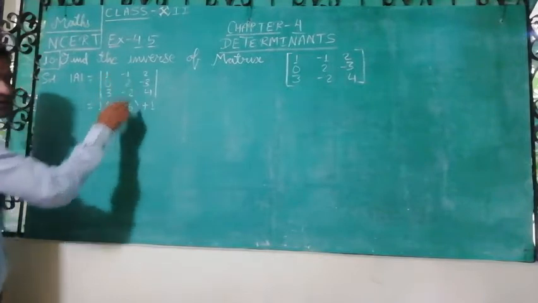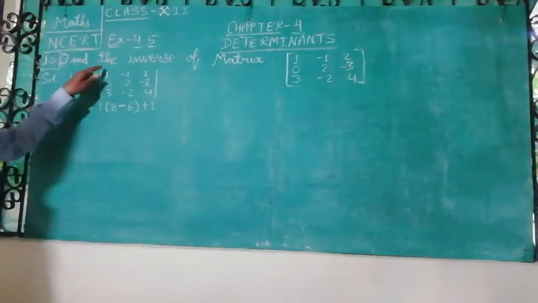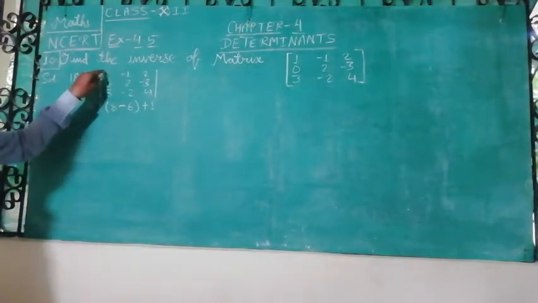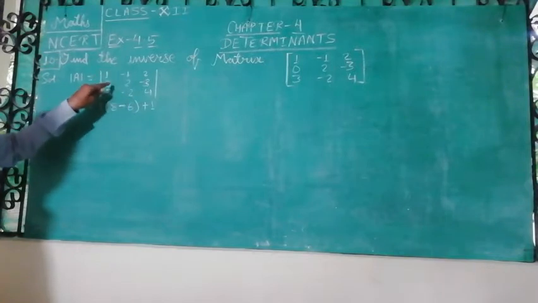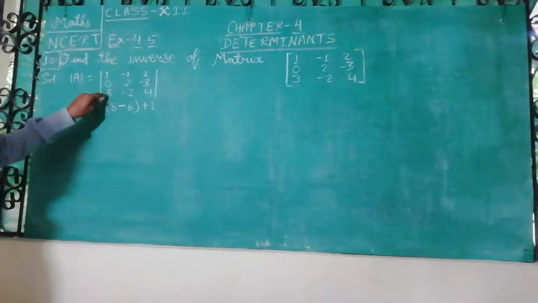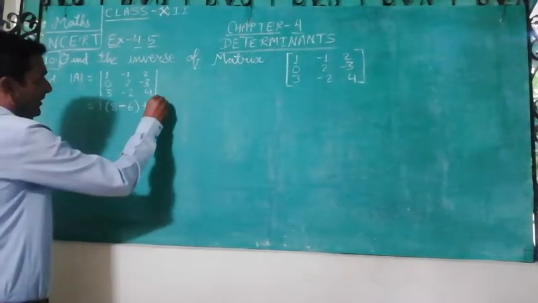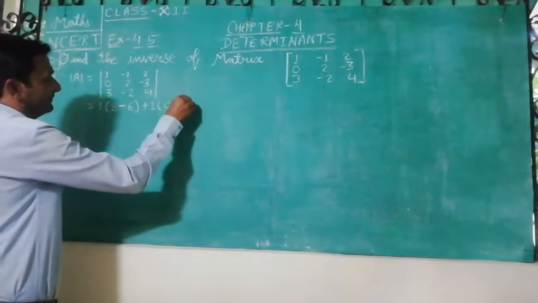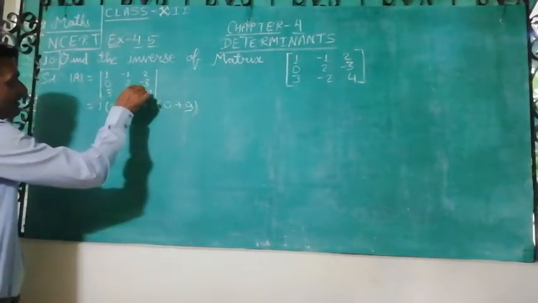Because after this, the first row and first column are eliminated, now the second row and second column will be eliminated. 0 into 4 means 0, minus minus, this minus and that minus will become plus, 0 plus 9, 3 3s are 9.